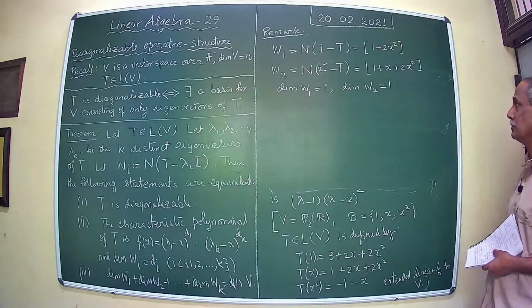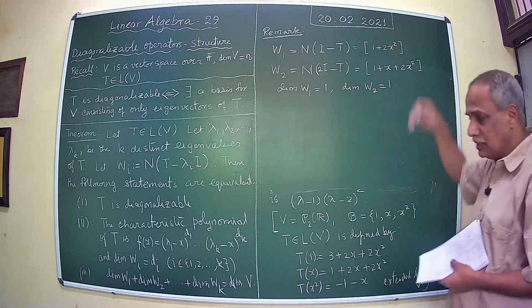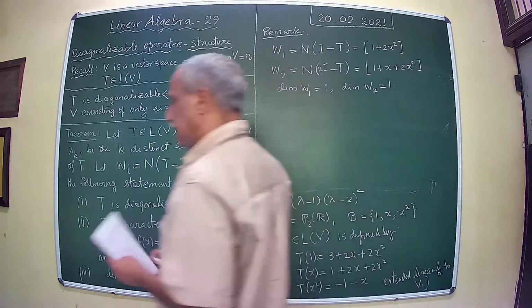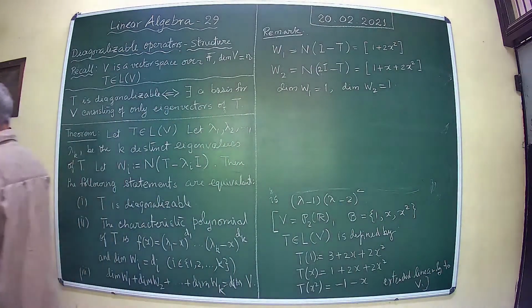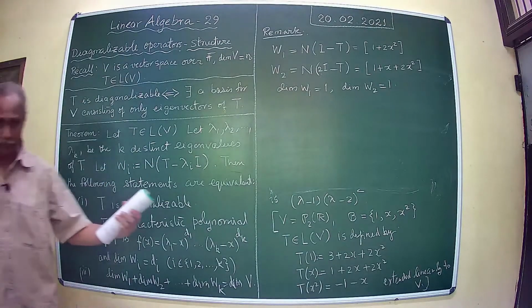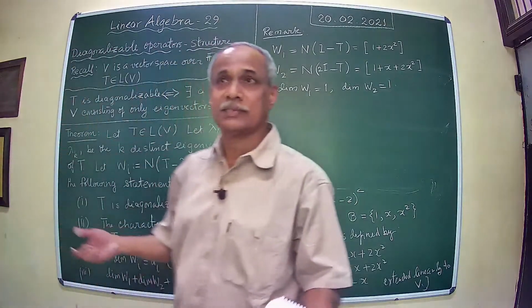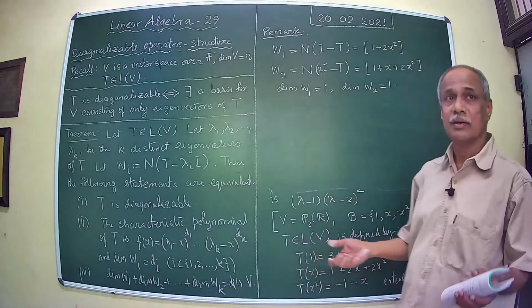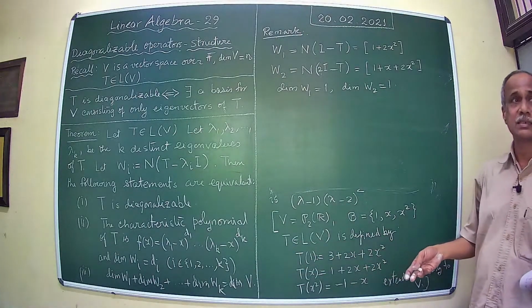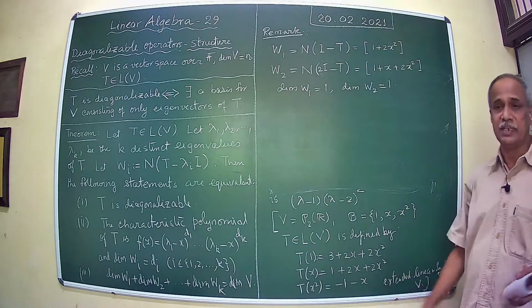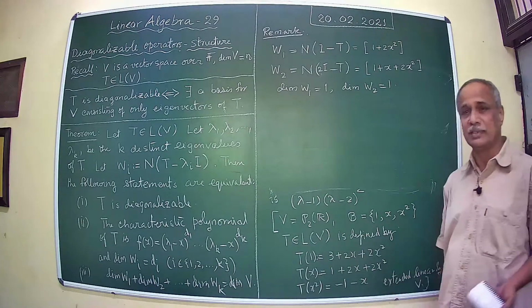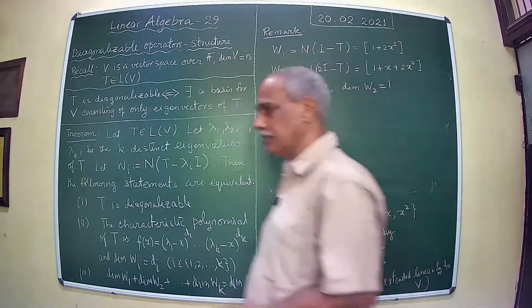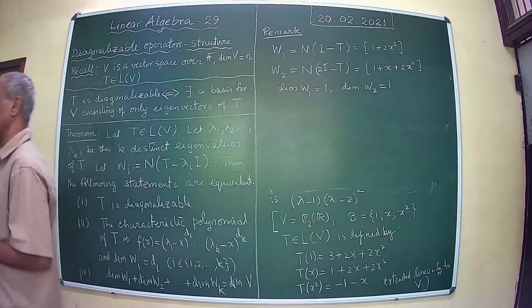Okay. So the linearly independent eigenvectors that you can use to build the vector space are not sufficient, because only 2 such vectors are available, whereas the dimension of the vector space is 3.